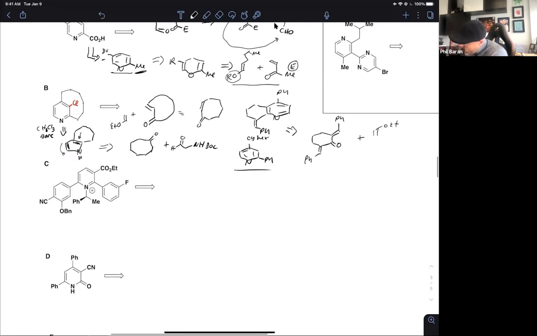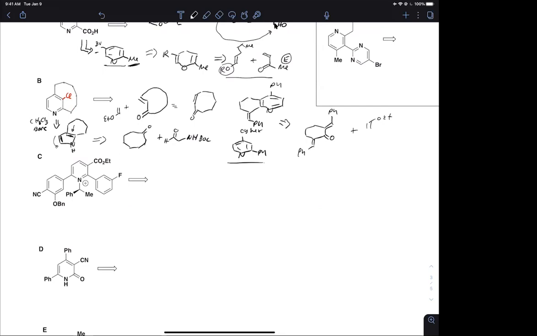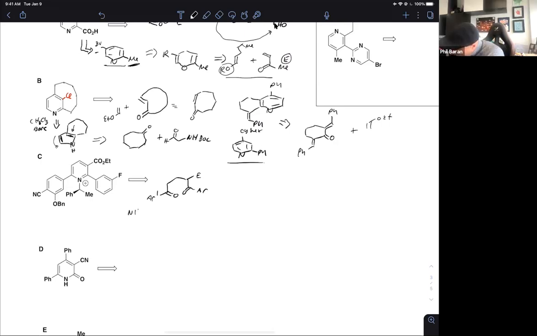How about Stone for this strange pyridinium species? 1,5-dicarbonyl. Right. And then you would just dump in your amine and you would get the product.